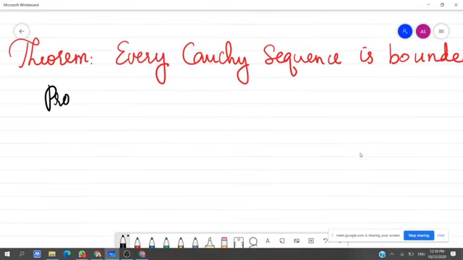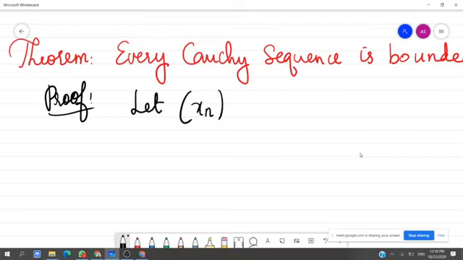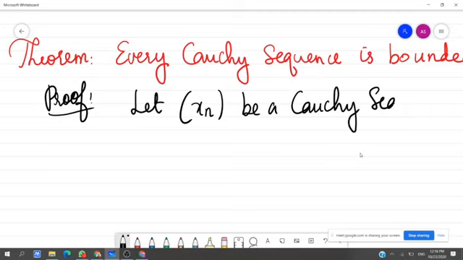So, consider a Cauchy sequence. Let the sequence xn be a Cauchy sequence. What does it mean?